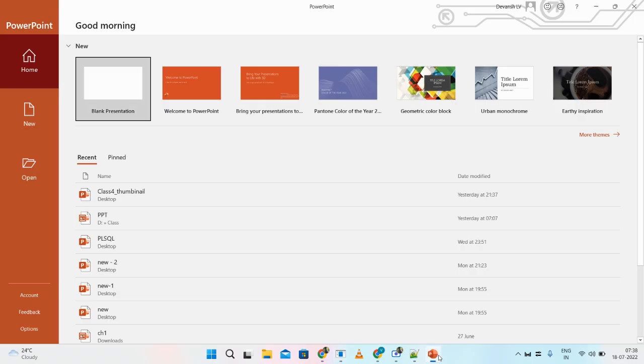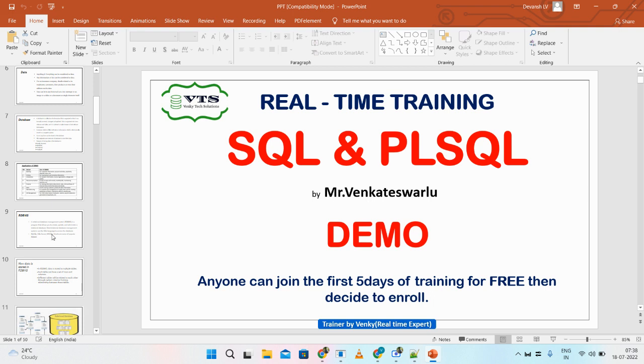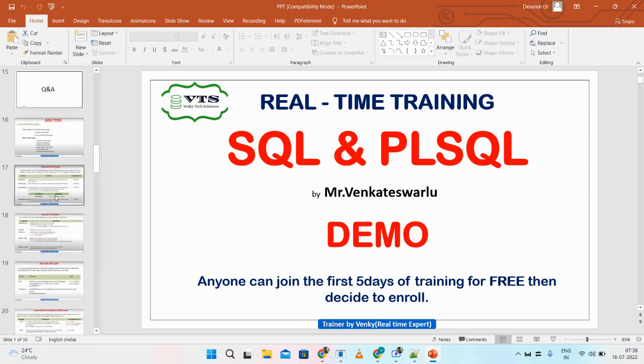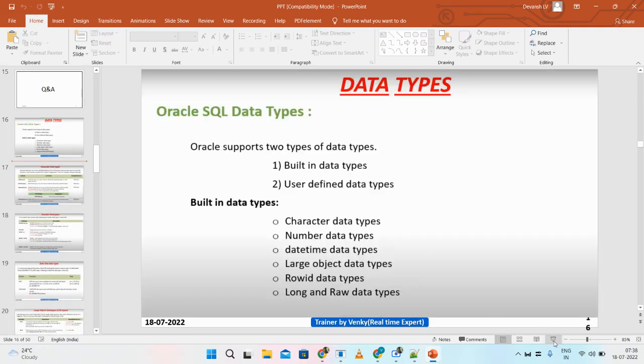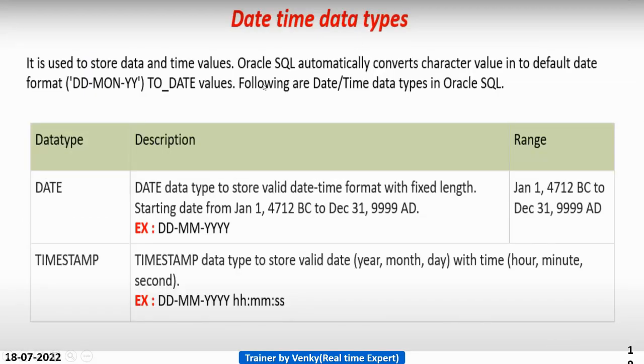So whenever we are inserting a date, that should be within single quote, then only it will accept. The date which you are inserting should be in single quote. See, date and time data types are used to store the date and time values.